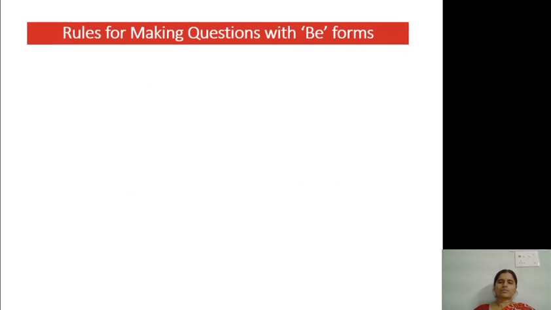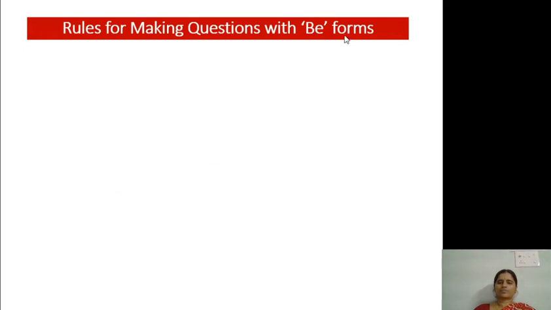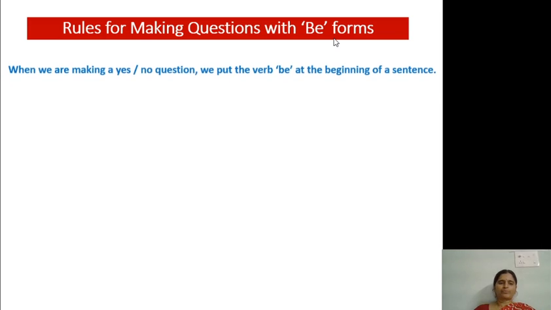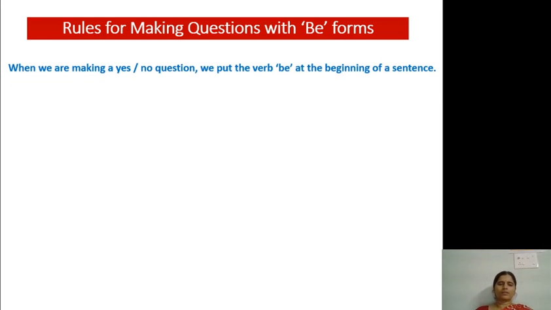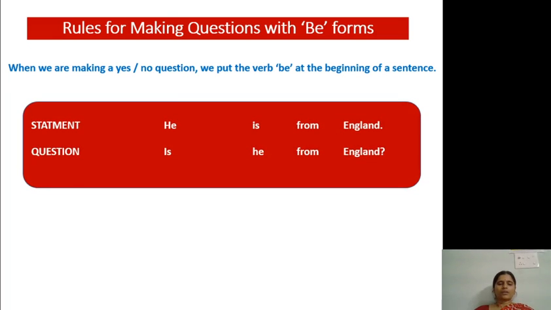Now let us see how we make questions using be forms. When we are making a yes or no question, we put the verb be at the beginning of a sentence. Let us see with an example. Here, "He is from England." This is a statement.